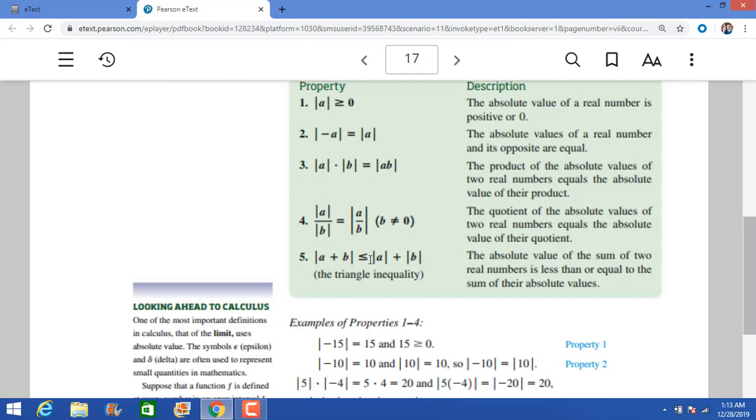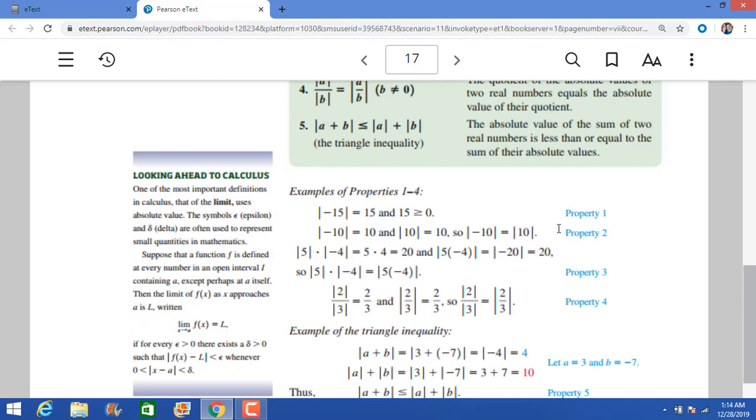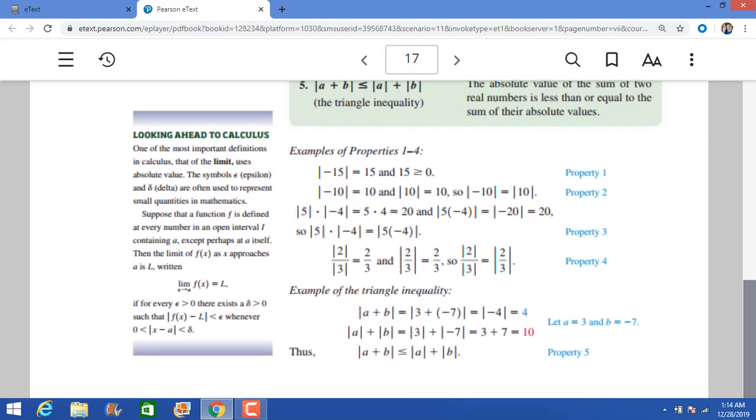It's actually going to be less than or equal to, okay? And so here are some examples of the properties. Pay attention to these, and make sure you know the triangle inequality here.